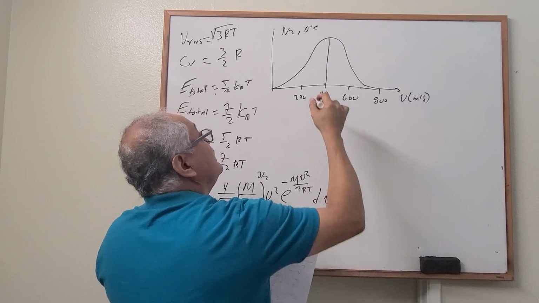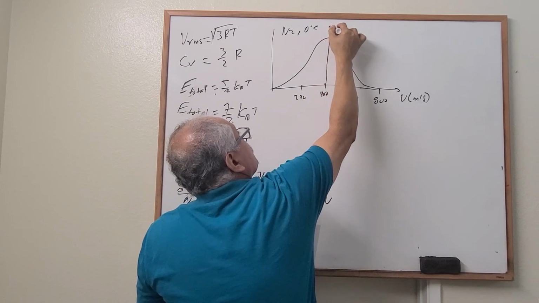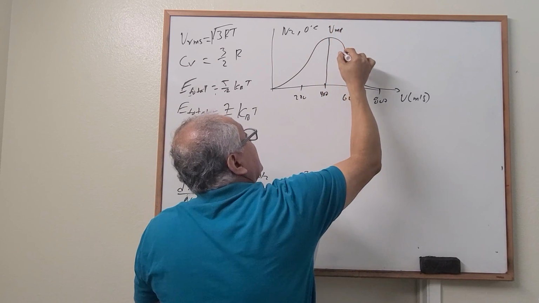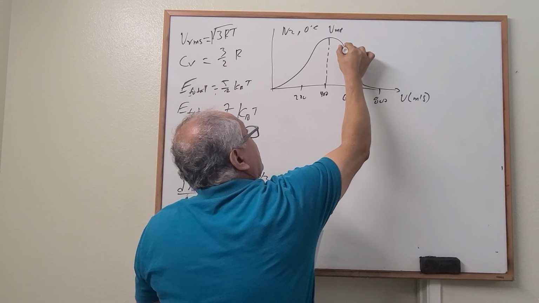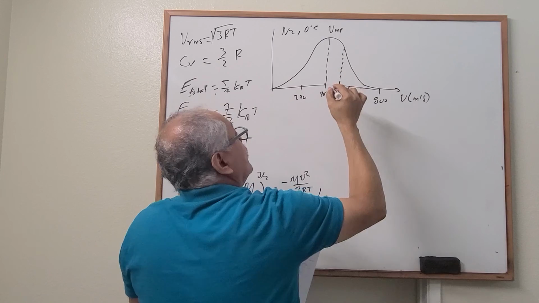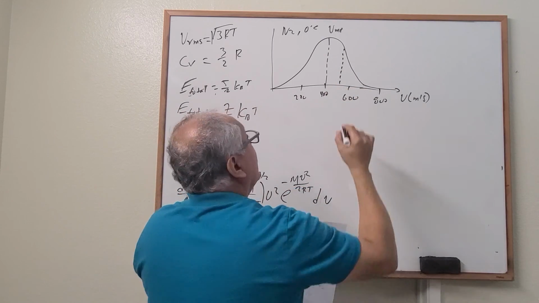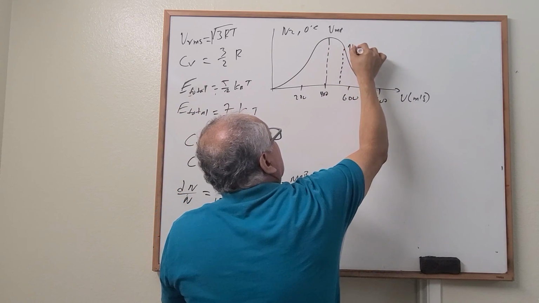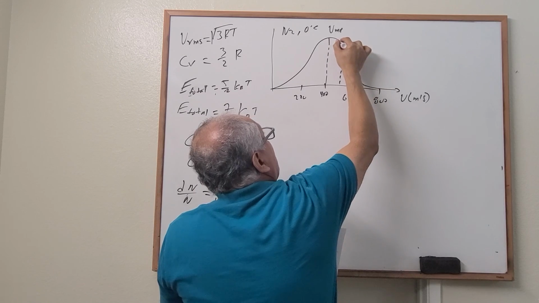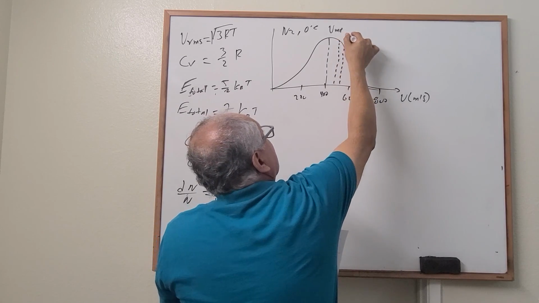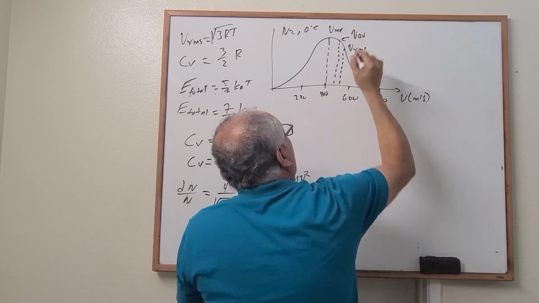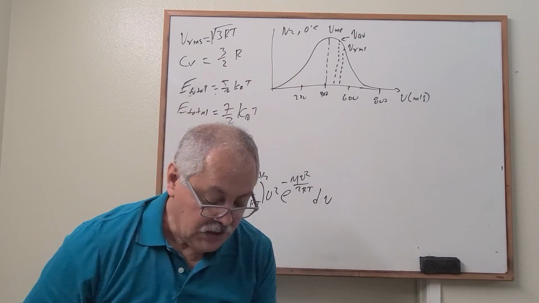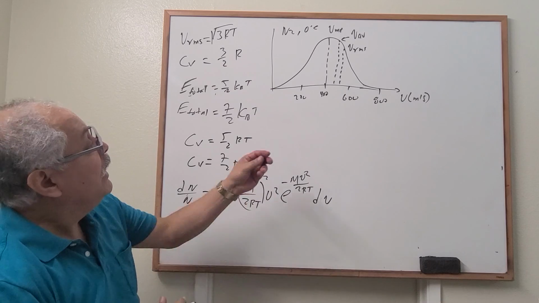So this is the maximum. It's called the most probable speed. Then we have another one right here. This is the root mean square speed, and then we have one more in between, and this is the average speed. Okay, let's try to calculate all of them.